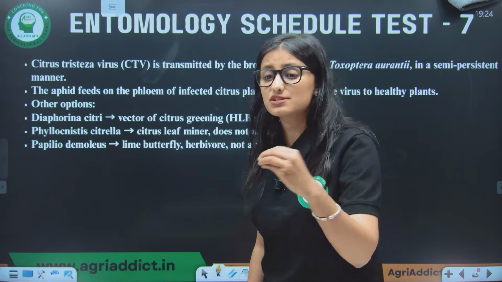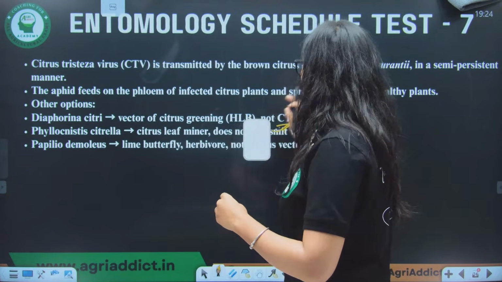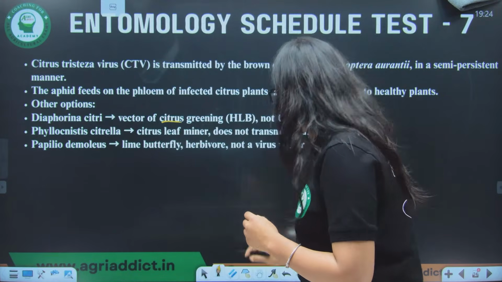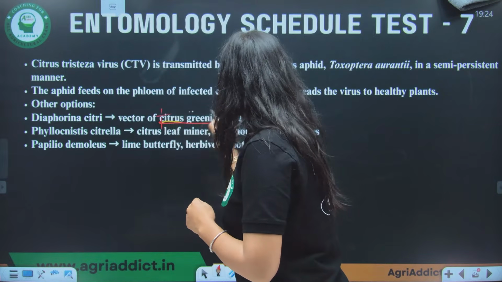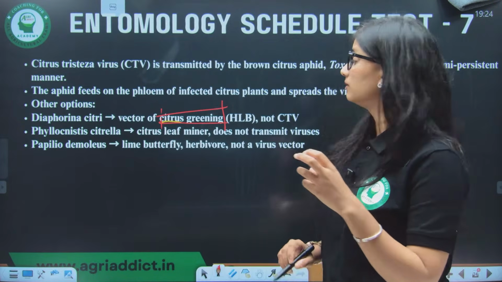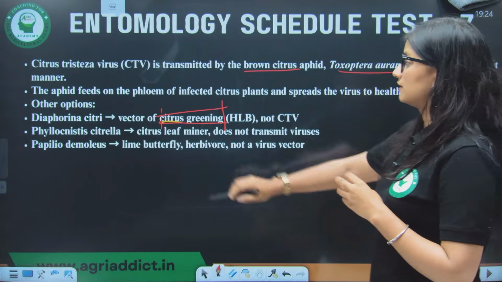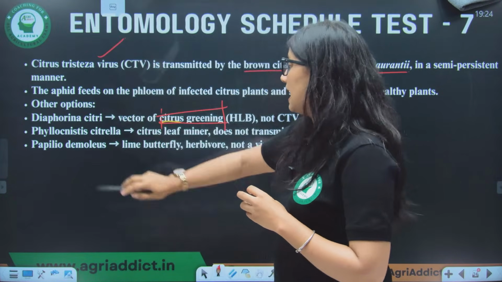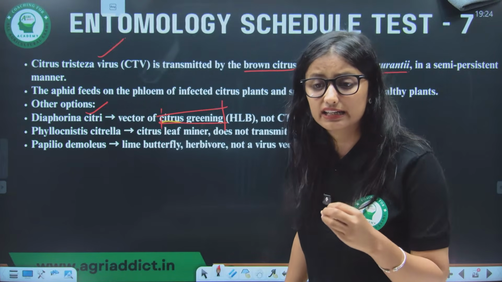It is transmitting what? Citrus greening. Is it clear? Toxoptera is transmitting citrus tristeza virus. And Diaphorina citri is transmitting citrus greening. Is it clear? Yes, very good.